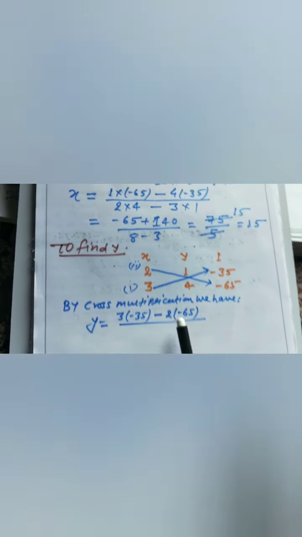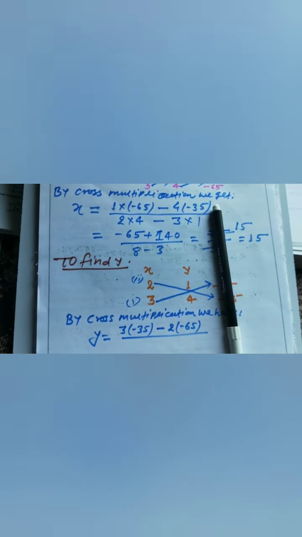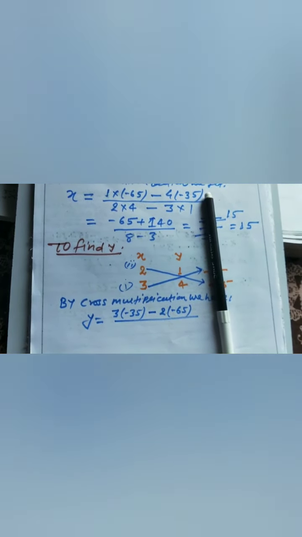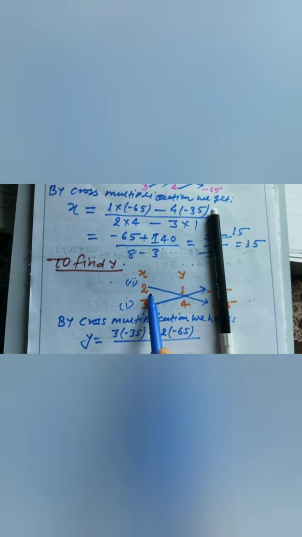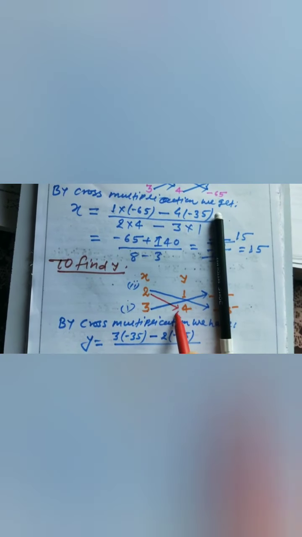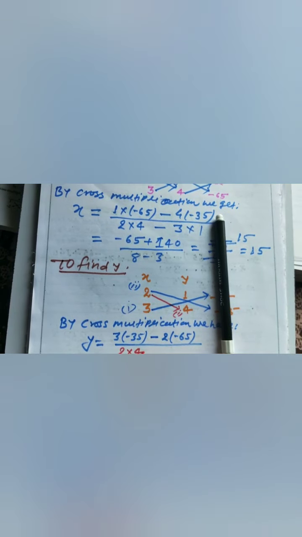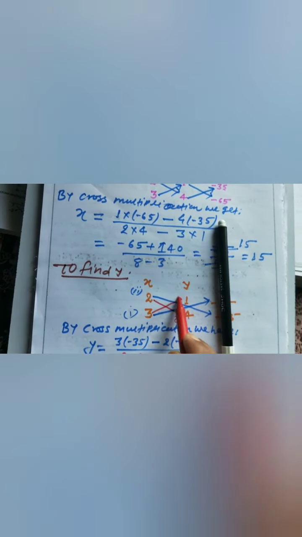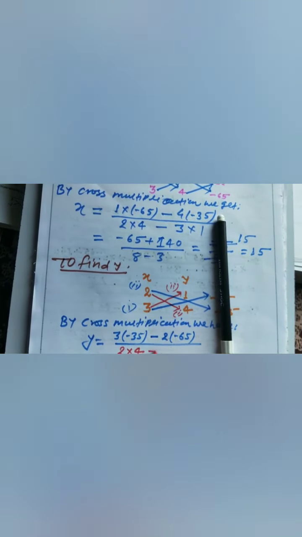Below in the denominator, you have to cover the constant terms like that, and then you have to multiply 2 by 4, that means upwards to downwards. First, 2 will be multiplied by 4, and then secondly you have to multiply 3 by 1.